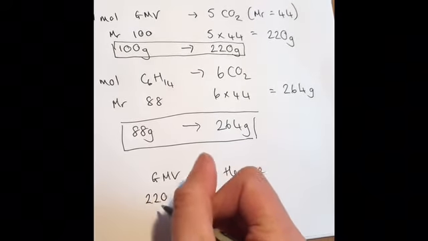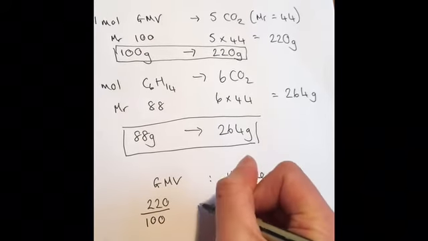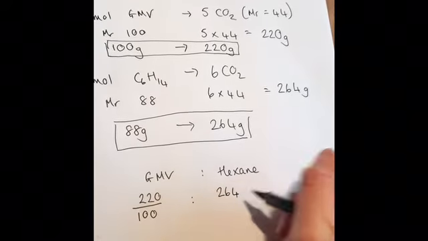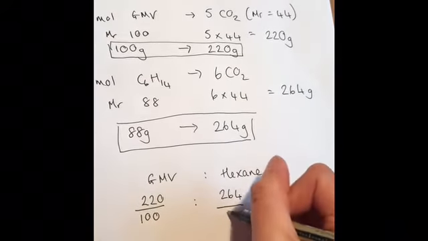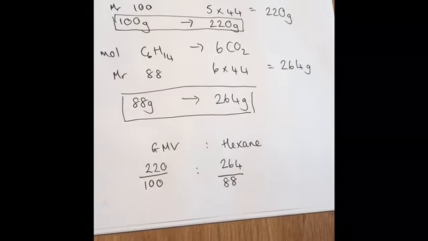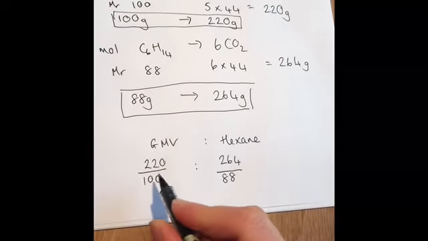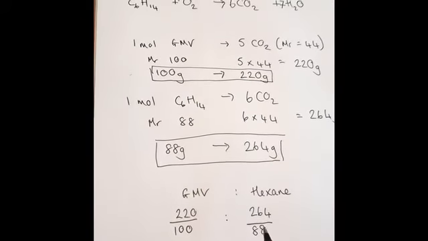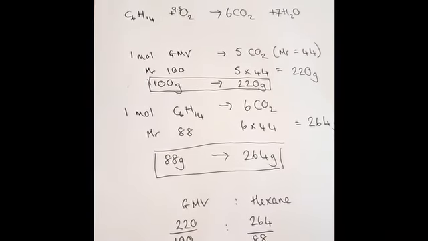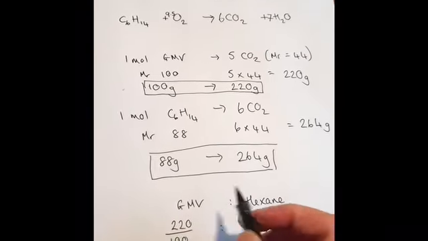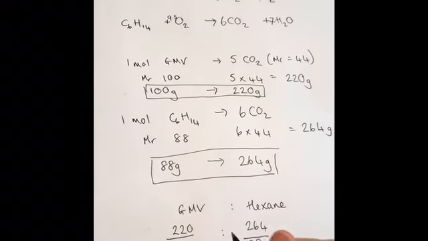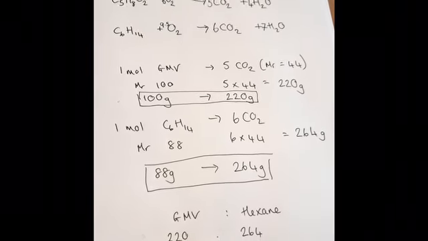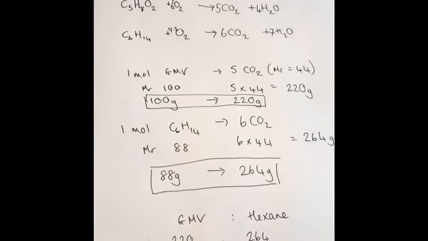So 220 divided by 100. The ratio between GMV and hexane, we get 264 out of 86 grams there. All right, so our ratio, that would work down to be, I haven't got my calculator here, can't do it on my phone because I'm using my phone. When you work it through and have a little look at the mark scheme there, that gives you a 1 to 1.4. Hope that helps. If you've got any more questions, give me a shout.